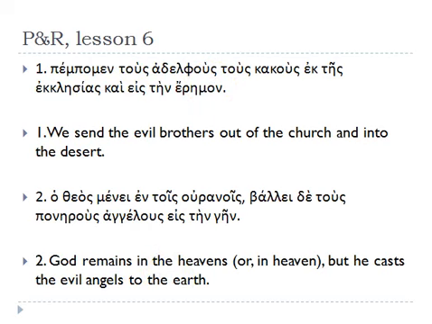In the second sentence, we find ho theos menei en tois ouranois, balei de tous ponerous angelous eis ten gen. Ho theos, nominative case, subject of the sentence, subject of the verb menei. God dwells, or God remains.